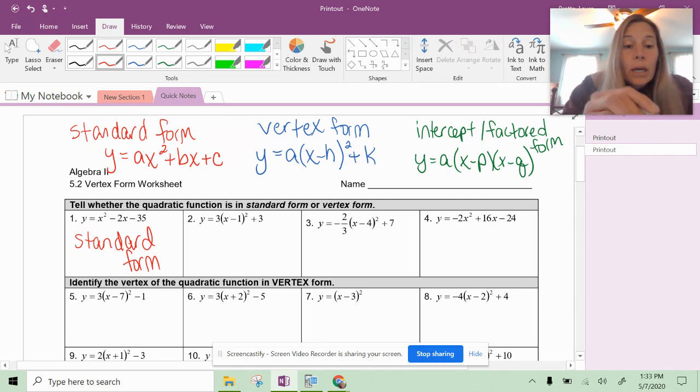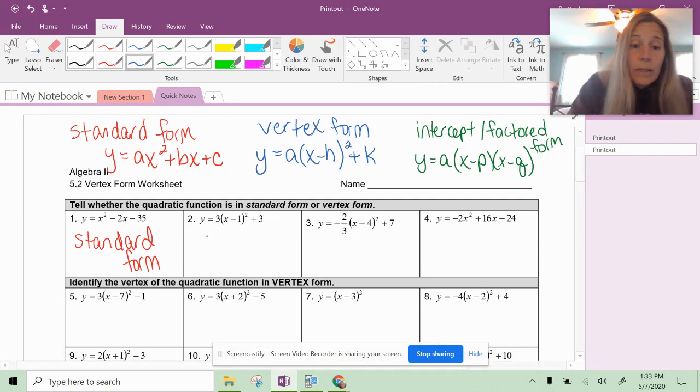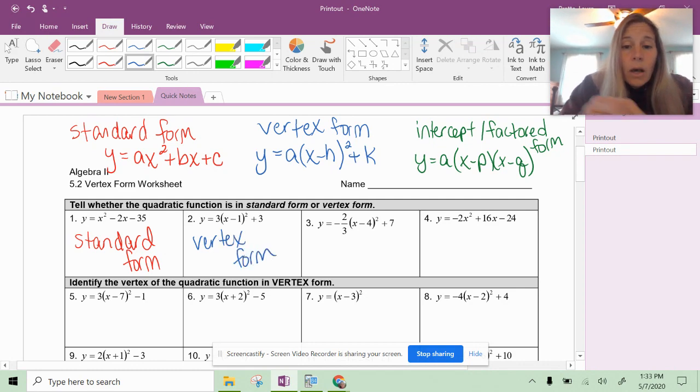Number 2, when you have the parenthesis with the square on it, that's like call it square of a binomial. And then you can have a number in front of the parentheses, and you also can have something adding or subtracting to the back. So that would be an example of the vertex form that we've been working with here for a couple days. Number 3 as well would be vertex form because you have that square of a binomial.